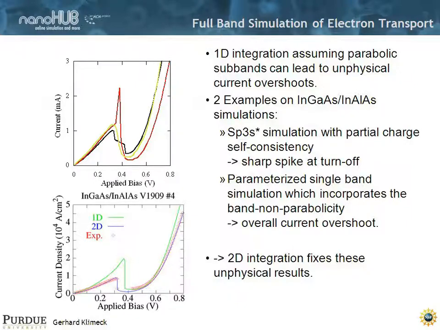That gives you a tremendous current. And you need certain potential configurations to really generate that, which happen to be typical in indium gallium arsenide devices. And that is true in a couple of experimental data sets that I'm showing you here in this graph. So doing a 2D integration really fixes these unphysical results, these unphysical spikes.